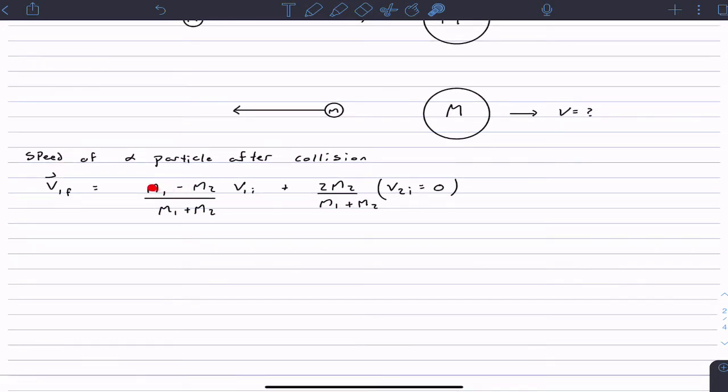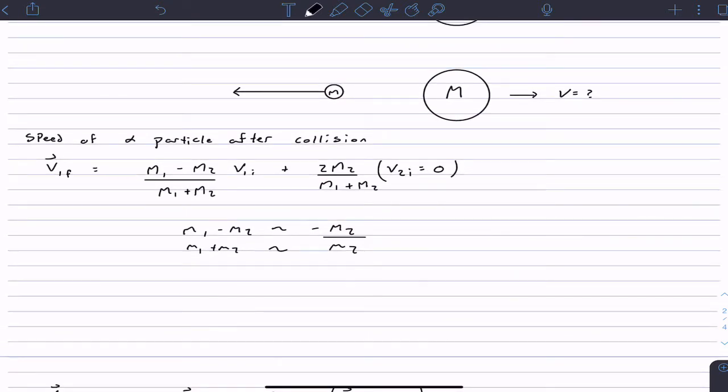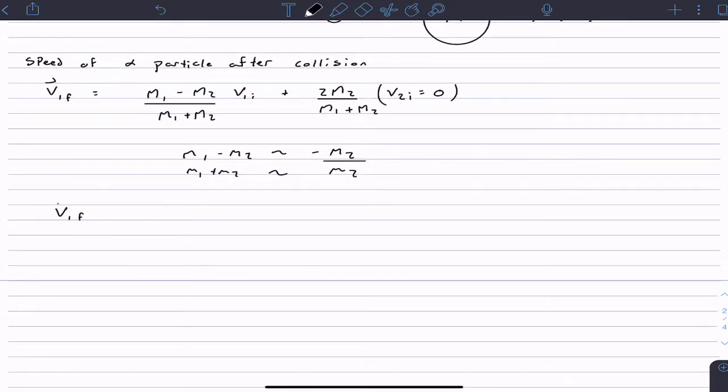So since this is way more massive than this term here, where you have m1 minus m2 is roughly negative m2, and then what we have here as well, m1 plus m2 is also roughly m2. So what does that suggest to us? Well, to me, that suggests that V1 final, the alpha particle's velocity final, is going to be negative. Like, these are going to cancel, right?